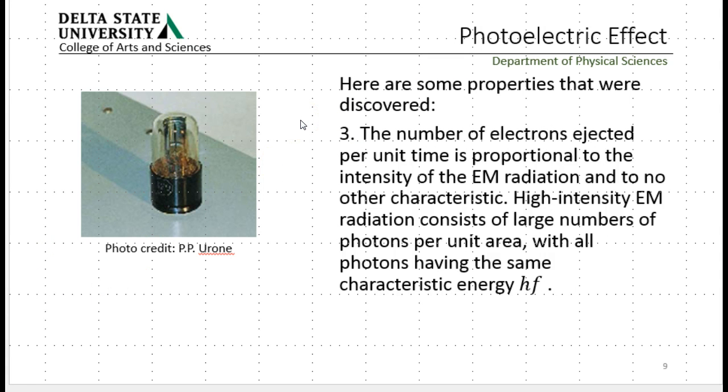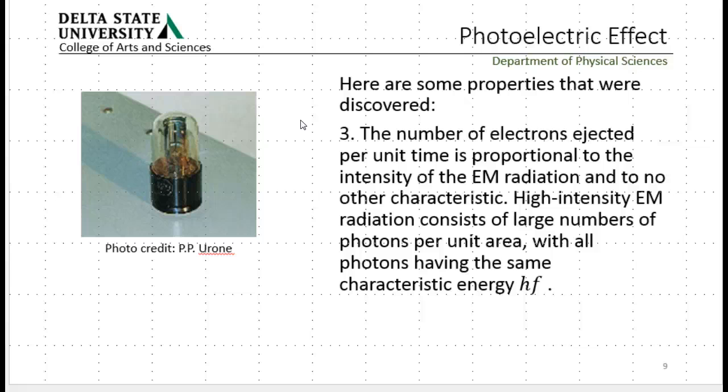Then the number of electrons ejected depends only on the intensity, not the frequency. So once you get above the threshold frequency, you start getting electrons. But the number you get depends only on the intensity.